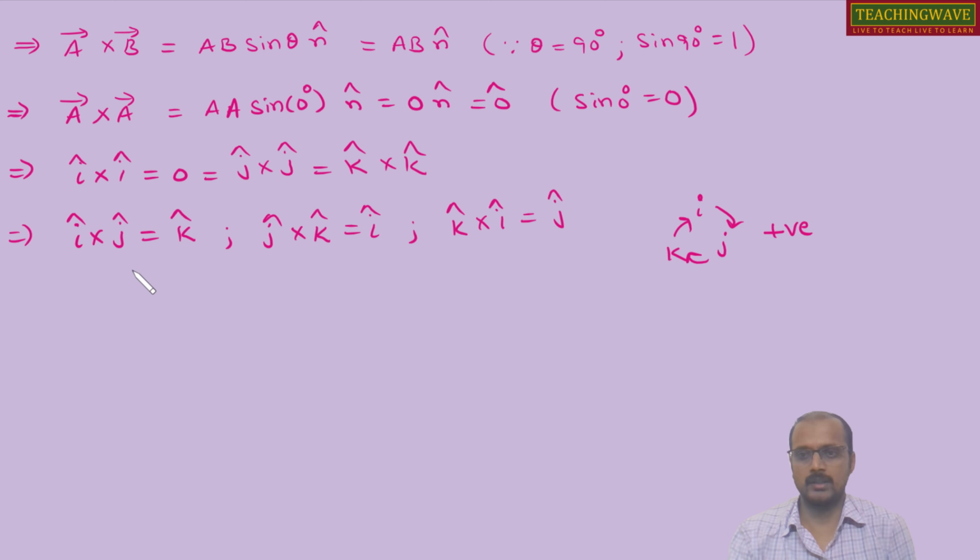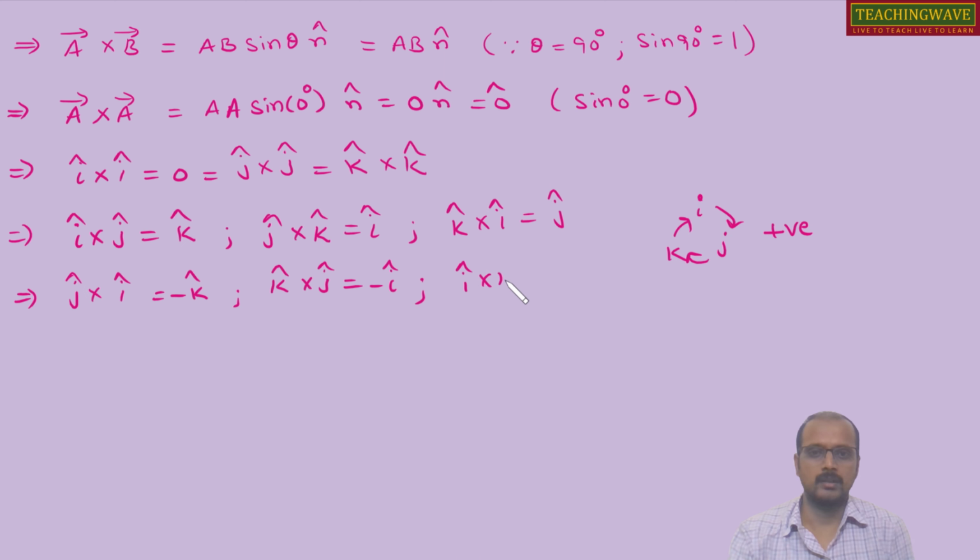That means this gives the positive sense of direction of the resultant vector. But in reverse order, that means j cap cross I cap, you will get minus k cap because the vector cross product doesn't follow the commutative property. So k cap cross j cap gives rise to minus I cap, and I cap cross k cap gives rise to a new directional vector, minus j cap.